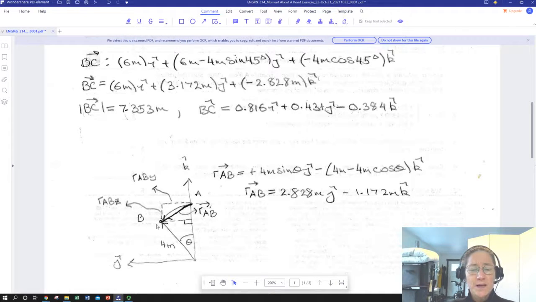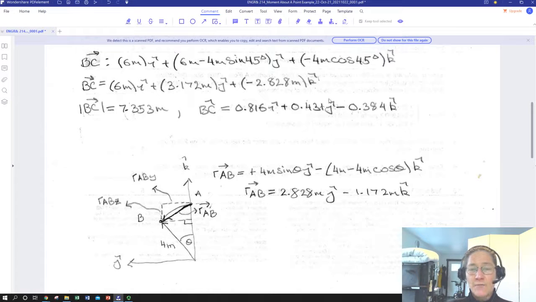So to go from point A to point B, we would travel positive 4 meters sine theta, which is 4 meters sine 45 in the y direction, and then down we would have to travel an amount equal to our 4 meters, which corresponds to the coordinate of point A, minus 4 meters cosine theta, which is this portion, which corresponds to the end of B. And so that gives us a radius vector of 2.82 meters in the y direction, or j hat direction, minus 1.72 meters in the k hat direction.